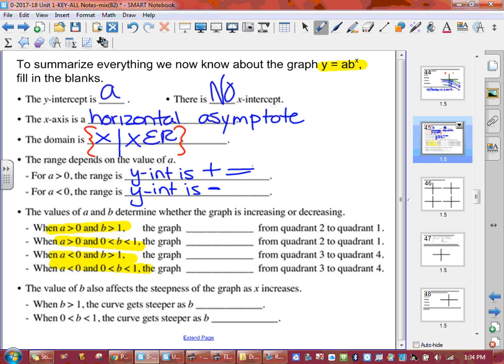It wants to know my boundaries on my quadrants 1, 2, 3, and 4. So if A is greater than 0, it's doing this. That means my range would then be y greater than 0, y is an element of the reals.